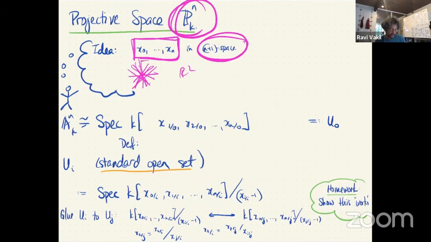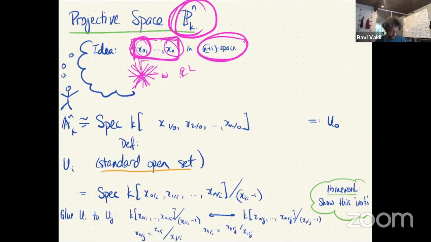So you can have these coordinates, but you really only want to be able to talk about quotients of two of them, because x0 is only defined up to scaling and xn is only defined up to scaling. So they differ by a non-zero scalar. And this fact is not so dumb, because later on it's going to grow up into talking about sections of line bundles, but we're not there yet.